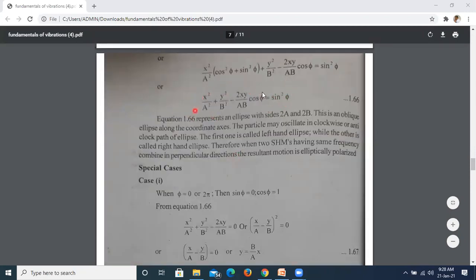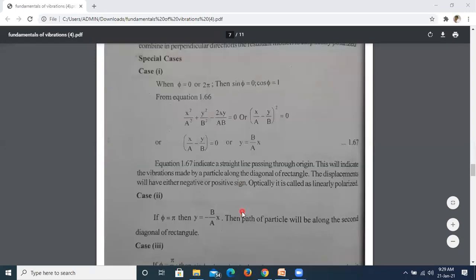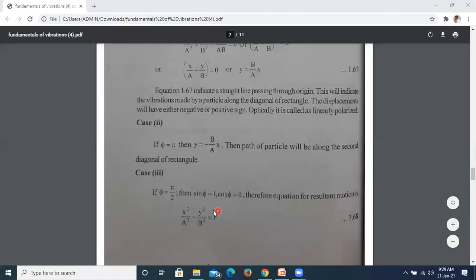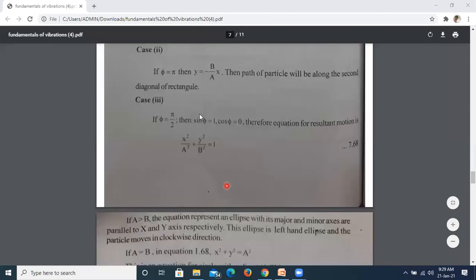the resultant equation is x square by a square plus y square by b square minus 2xy by ab into 0. So the third term becomes 0, equal to the right side, sin square pi by 2, which is 1. Then x square by a square plus y square by b square equals 1.